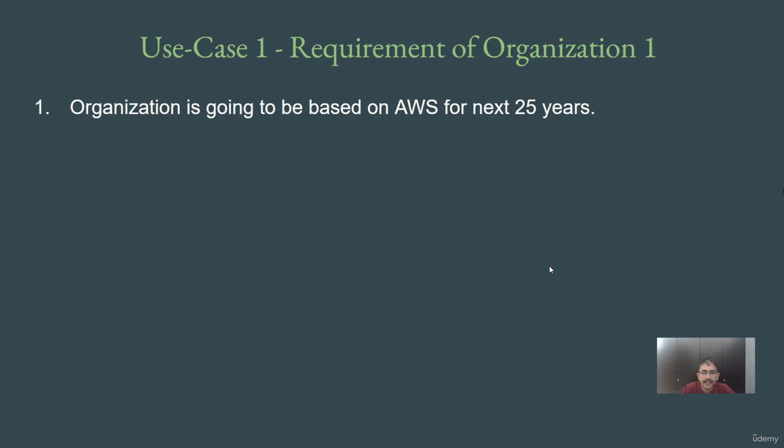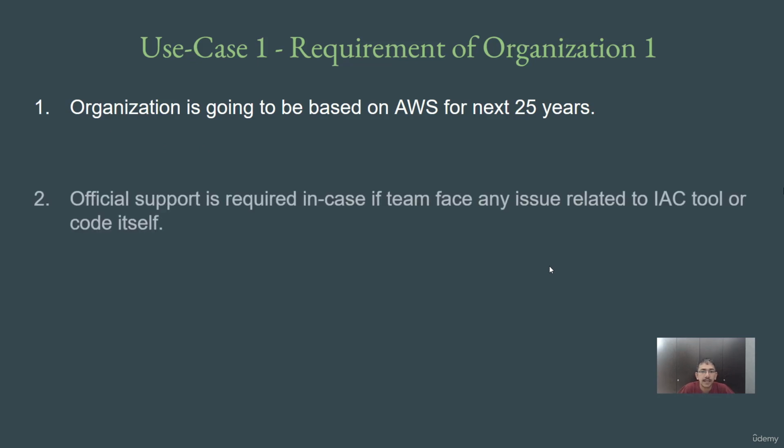This is a very clear-cut requirement and it can make your decision much simpler. The second requirement is that official support is required in case the team faces any issues related to the IAC tool or the code itself. For example, let's say you have written code to deploy an EC2 instance, but for some reason you are getting an error.